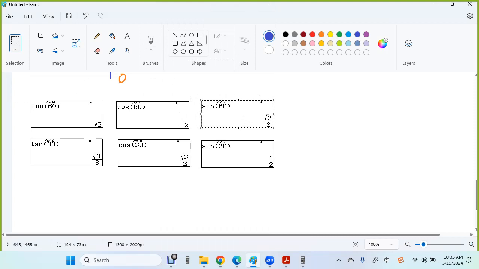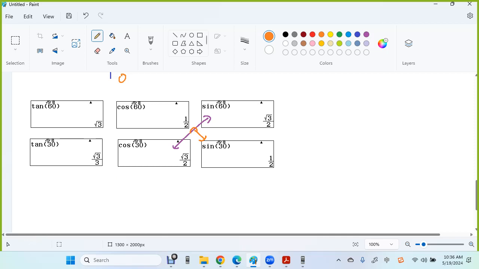To memorize the values here is not difficult. Why? Because we can observe that the cos 30 degrees and the sine 60 degrees have the same value. And the cos 60 degrees and the sine 30 degrees are both half. And we know that the tangent 60 is larger, so it's square root 3, and the 30 will be square root 3 over 3.